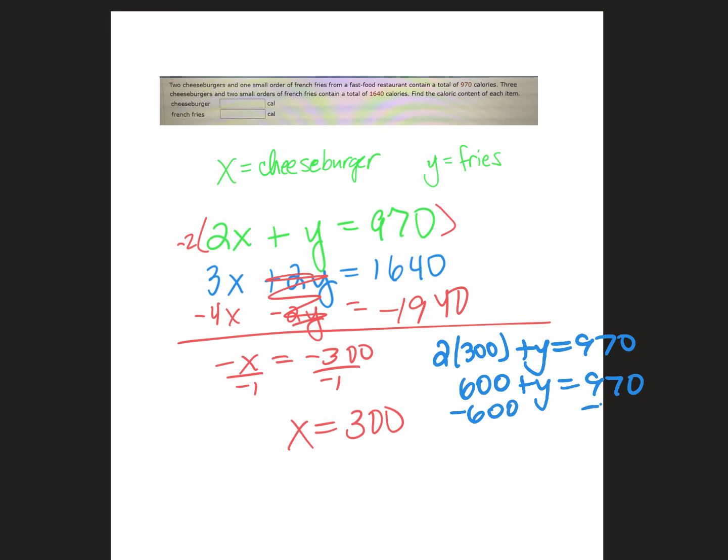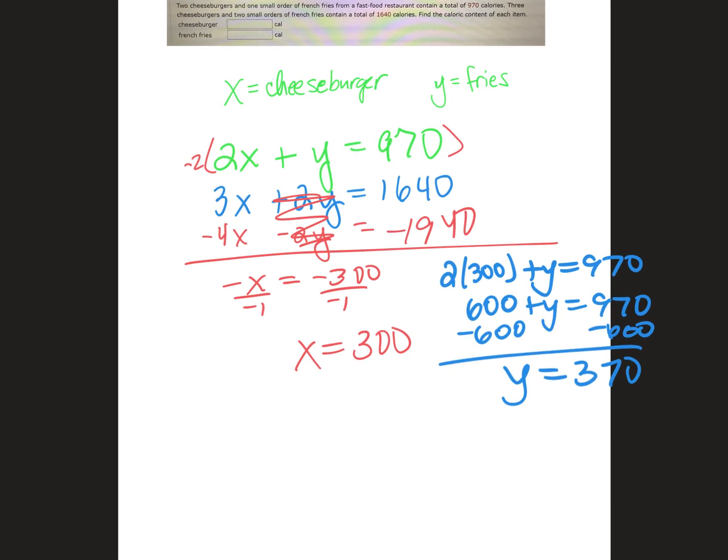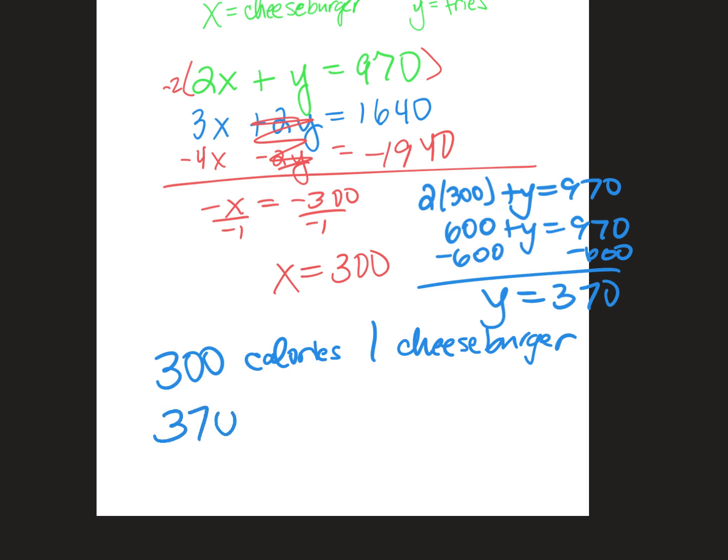Subtract 600 from both sides, and I get y equals 370. So your answer here would be there are 300 calories per cheeseburger and 370 calories per French fries.